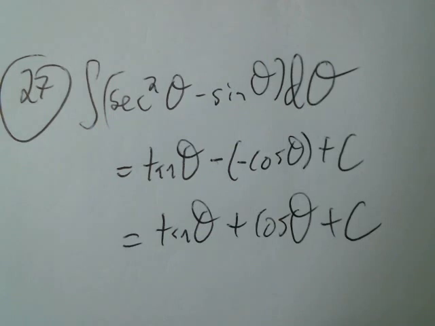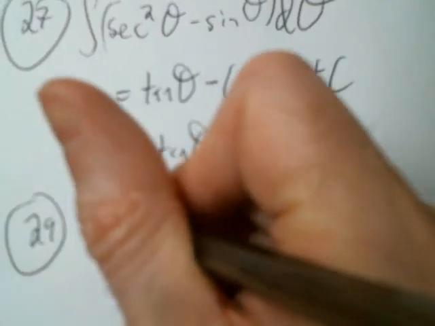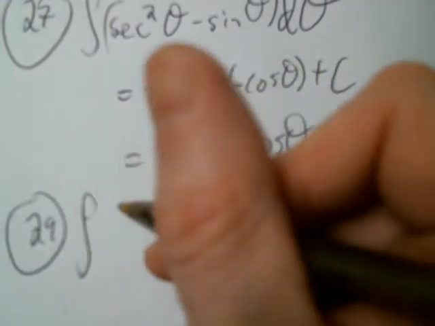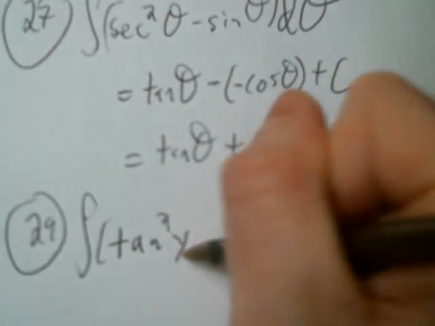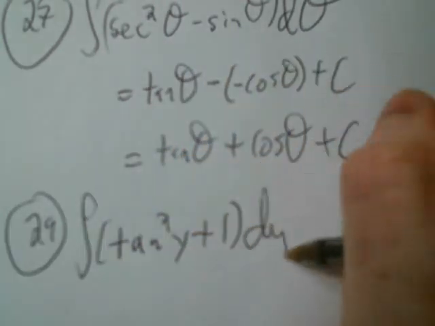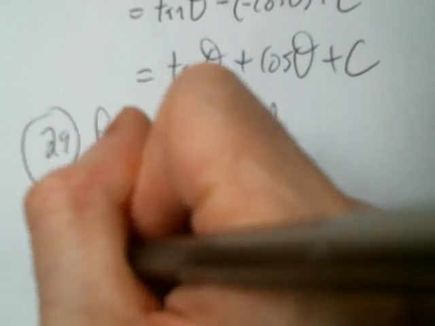Making sure my answer is correct. Tan theta, cosine theta plus c. Okay, we're good. The next one I put on my test last year, and a lot of people dropped the ball on it. I expect you to know the basic Pythagorean identities.